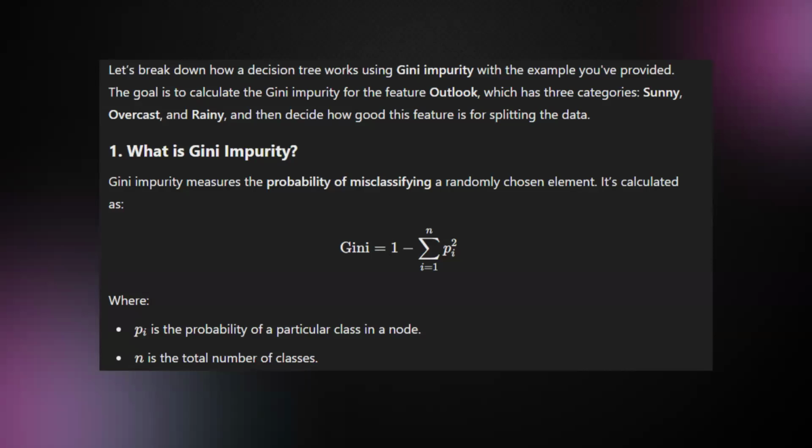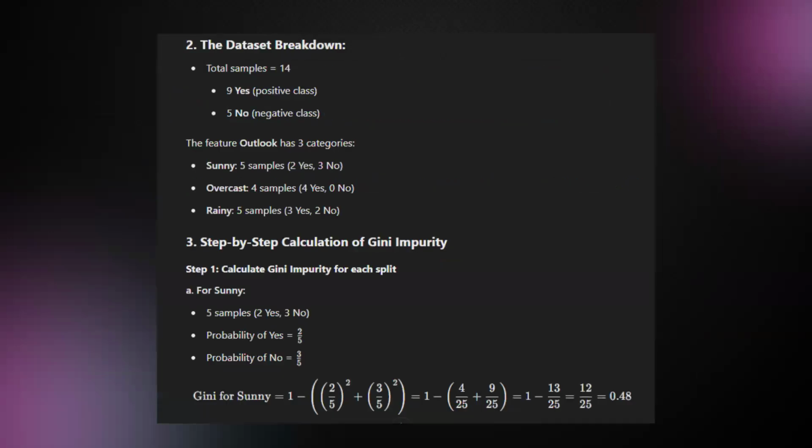Now you're going to calculate Gini impurity, and it measures the probability of misclassifying a randomly chosen element. Okay, so it's equal to 1 minus the probability of a particular class in a node. So in a particular node, you will have a particular class.